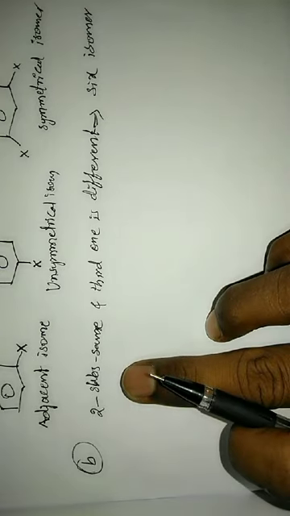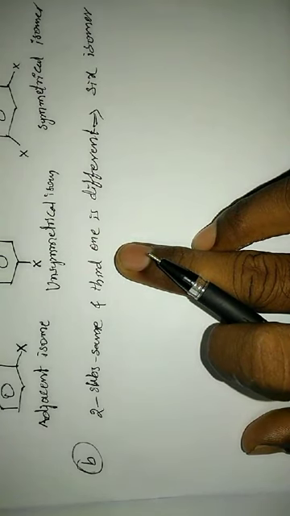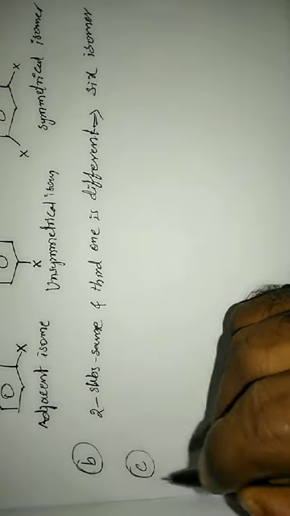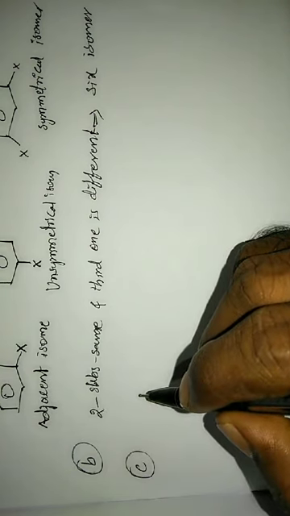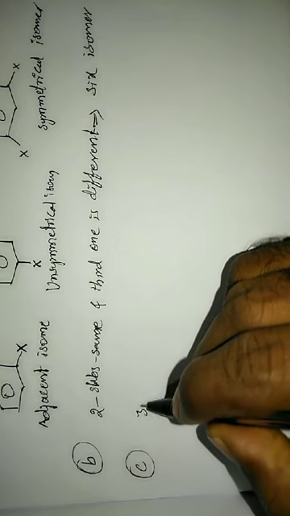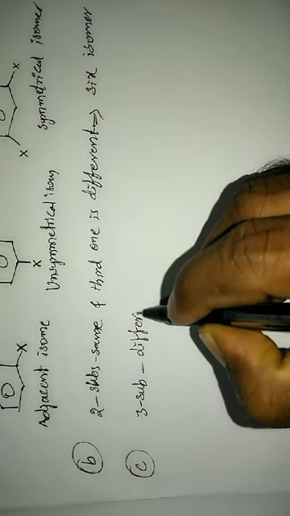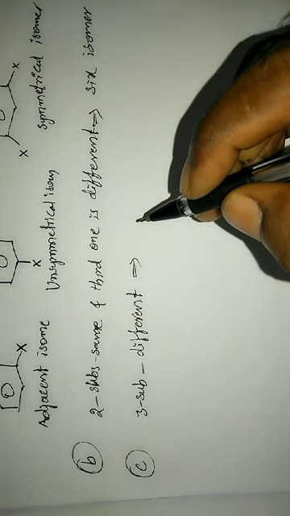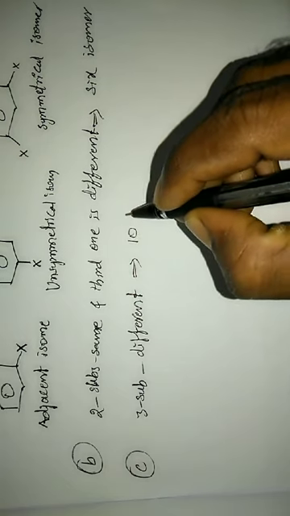When two substituent groups are the same and the third one is different, the trisubstituted benzene produces 6 isomers. Next, case 3: if three substituent groups are different, then the trisubstituted benzene produces 10 isomers.